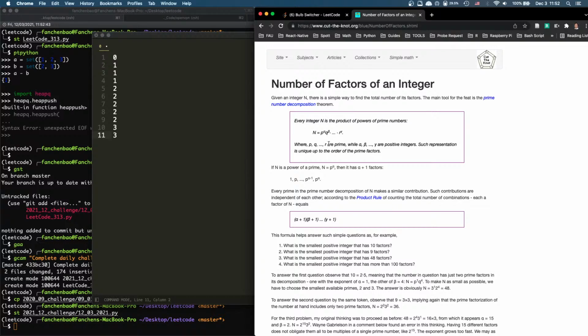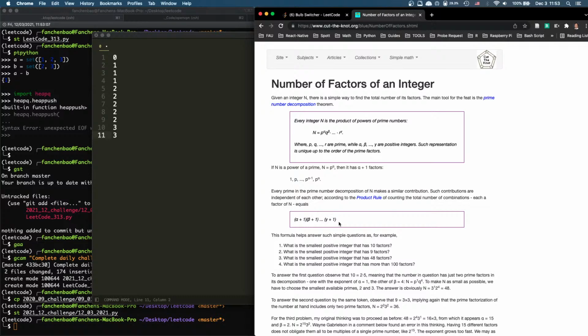where p, q, r are primes, positive integers. If n is a power of a prime, then it has alpha plus 1 factors. Yes, every prime in the prime number product, multiply those together.